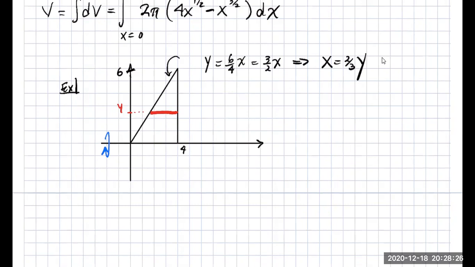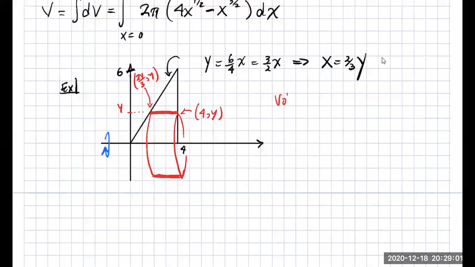So on this side, right here, we're going to have 4y. On this side, okay, that end, the x-coordinate is given by 2/3 y. Okay, now the shell that it sweeps out looks like this. Okay, all right, so let's make our notes right here.